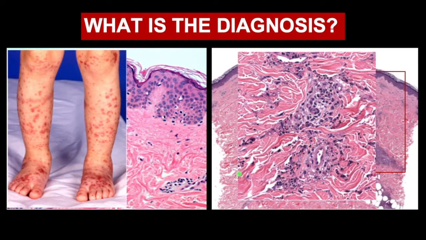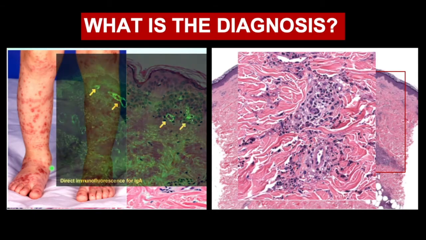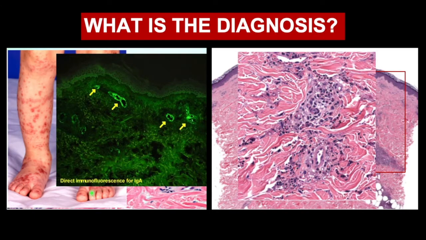So if you look clinically, especially in kids, you will see purpura-like lesions or papules. Sometimes they make ulcers in the lower extremity. And if you do DIF, you will see IgA accumulating around the vessels in the superficial layer of the dermis.